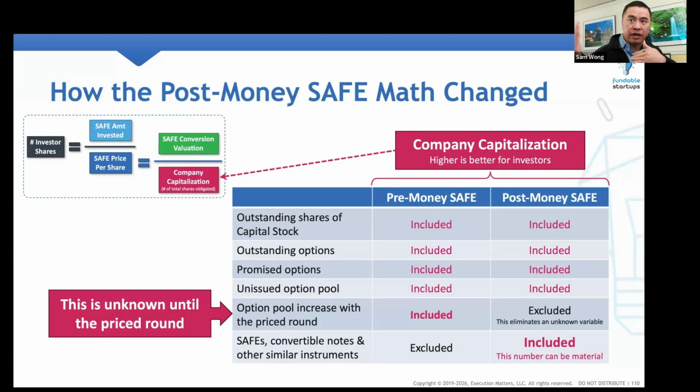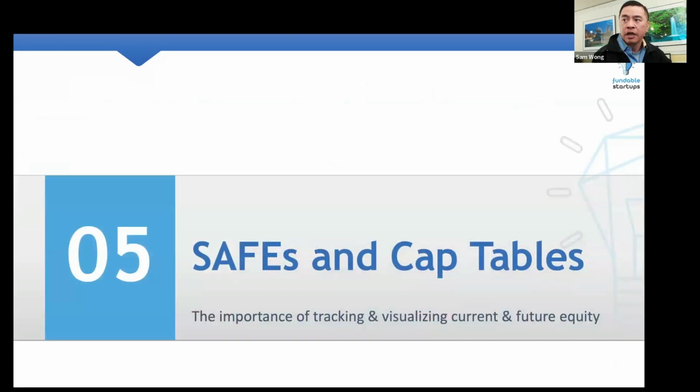And remember how I talked about the amount of funds that the post-money safe dilutes the existing investors. It's this bottom row of the table that actually is how that materializes in real life. That bottom row results in a very challenging situation for most startup founders because that number can be quite material.